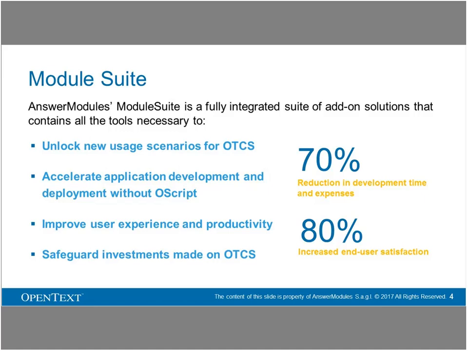First of all, we can extend the use case scenarios in which OpenText Content Server can be leveraged, meaning that Content Server can then be utilized in ways that were not possible before, or in scenarios where the effort was far too great to justify that sort of investment. Secondly, the tools within the ModuleSuite facilitate and accelerate the development of full-fledged applications on Content Server without the need to know OScript.